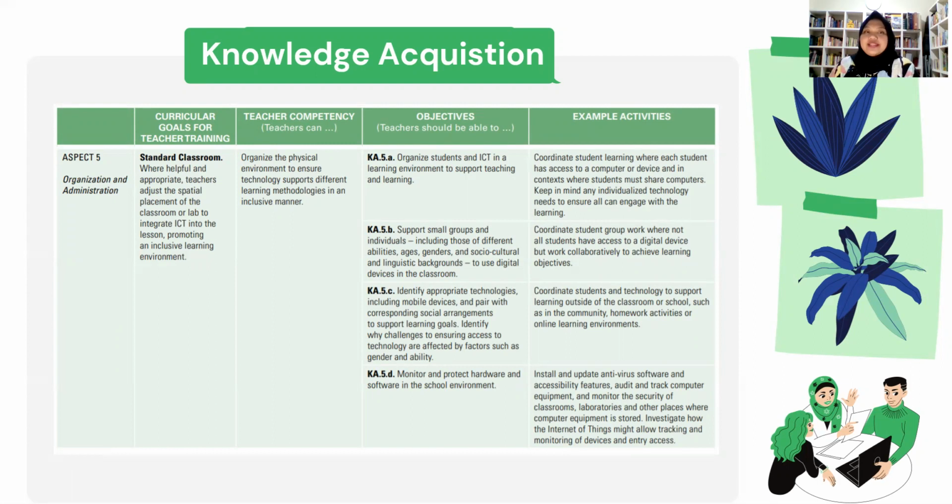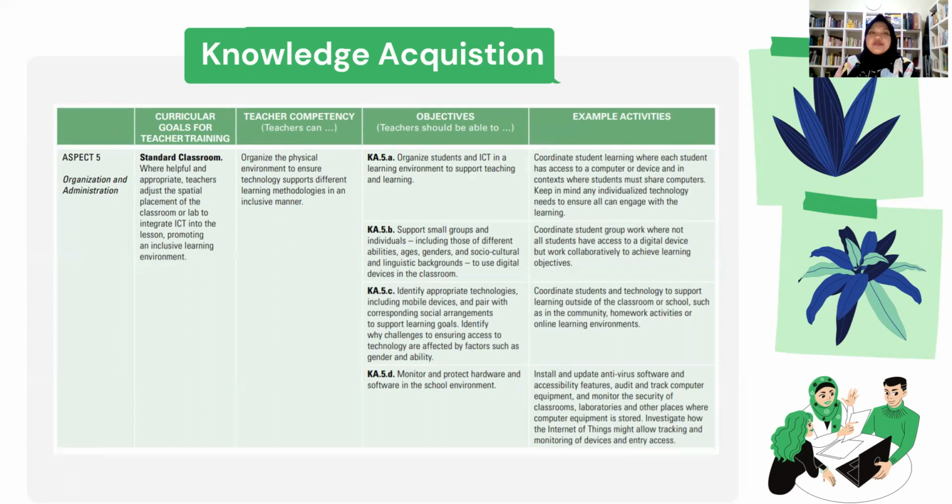The next objectives will be support small groups and individuals, including those of different abilities, ages, genders, and socio-cultural and linguistic backgrounds to use digital devices in the classroom by coordinating student group work where not all students have access to a digital device but work collaboratively to achieve learning objectives.